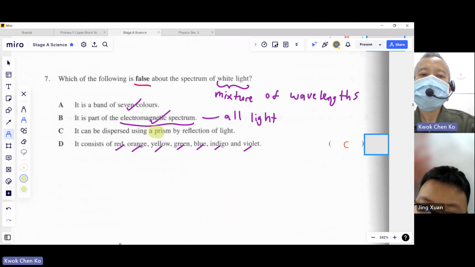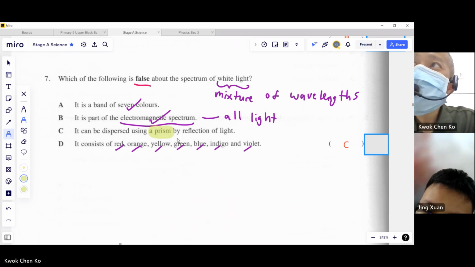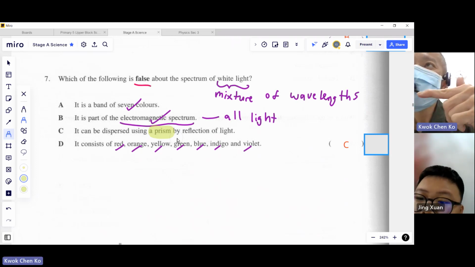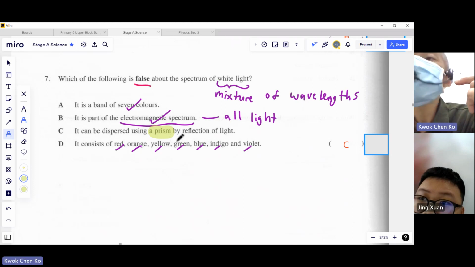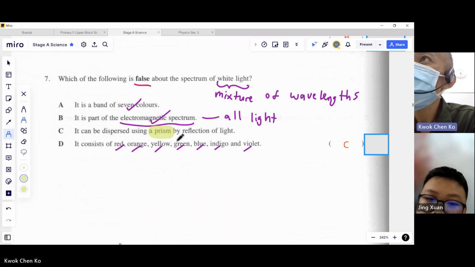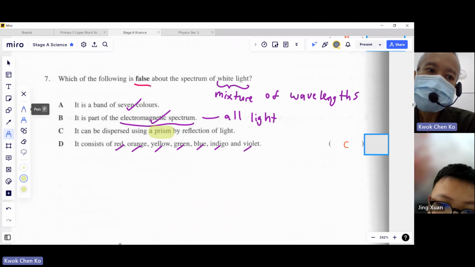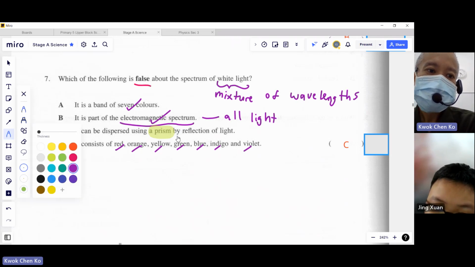Tell me, what is a prism? In what kind of shape? Made of? Okay, I think you get the idea. A prism is a triangular object made of glass.